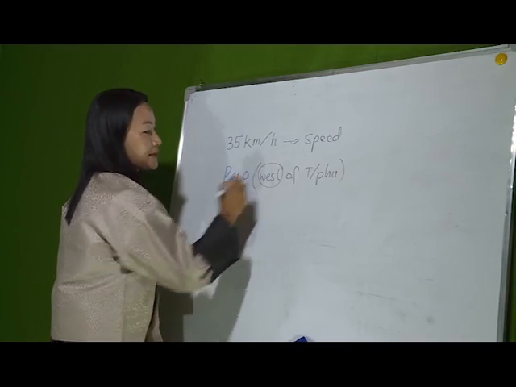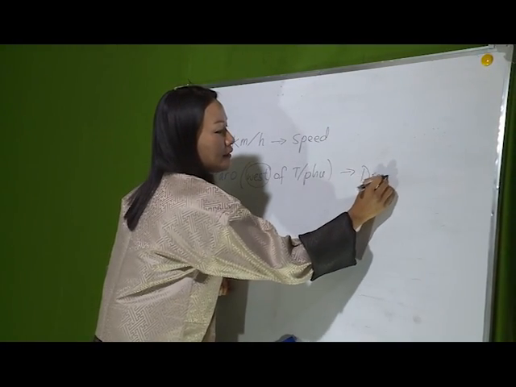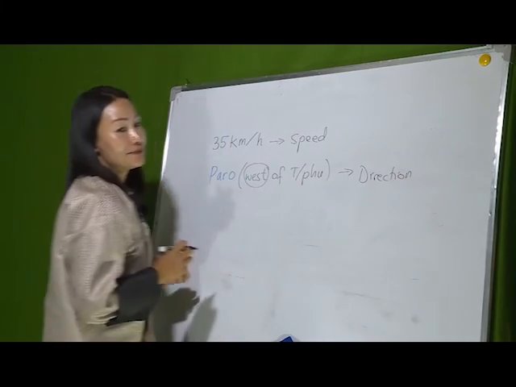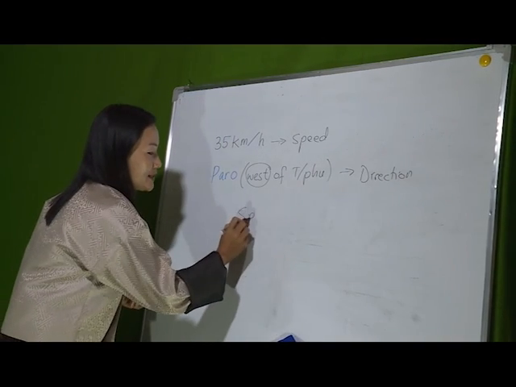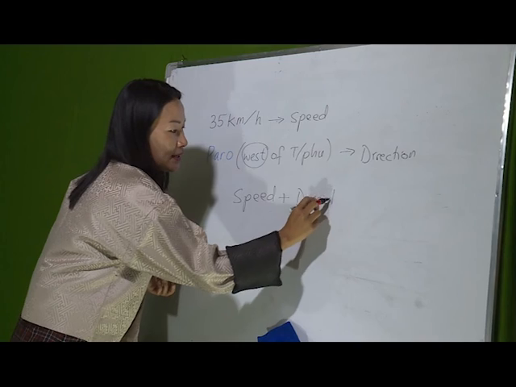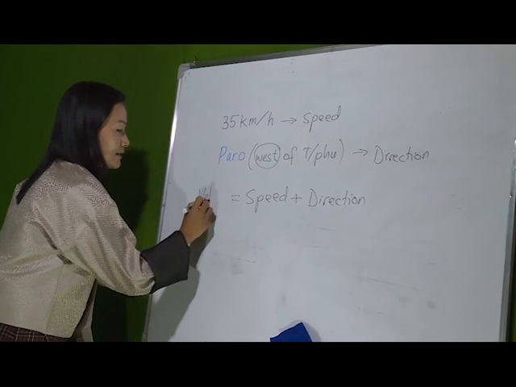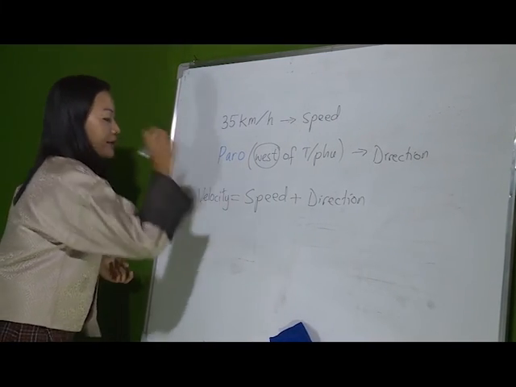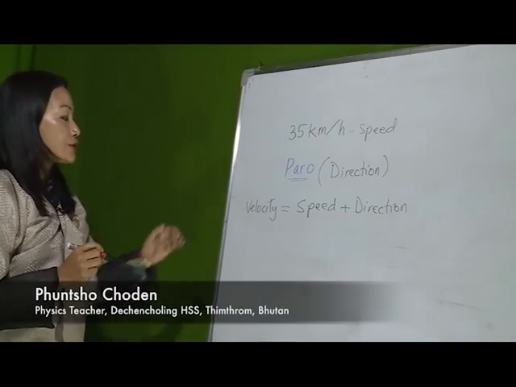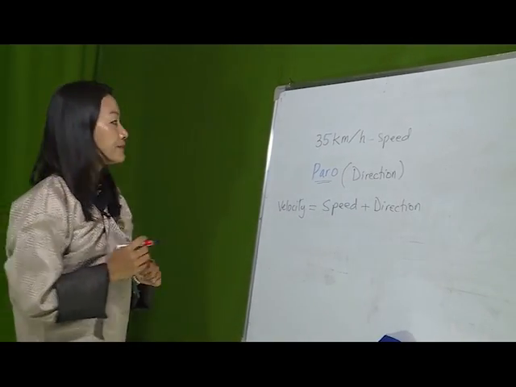What do you notice here? West, which means it is showing direction. In other words, if you have speed and direction, this is called velocity. So velocity is speed with direction.